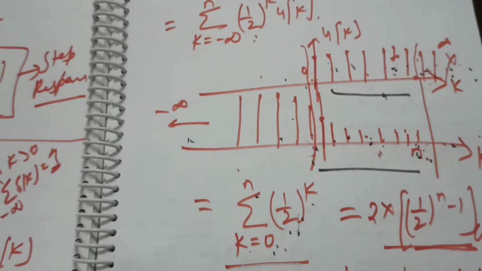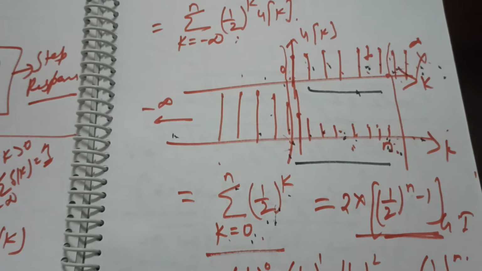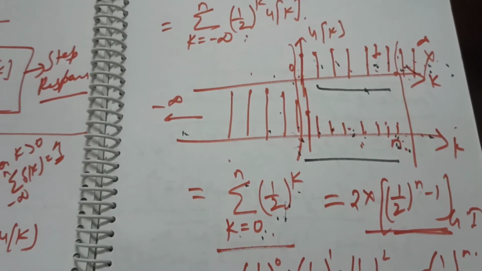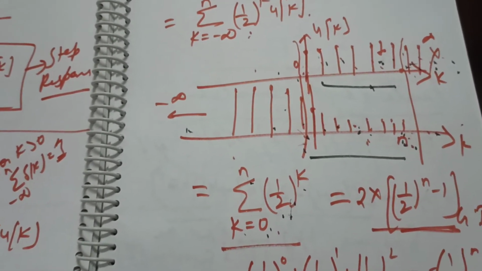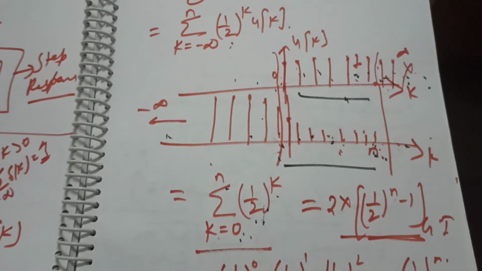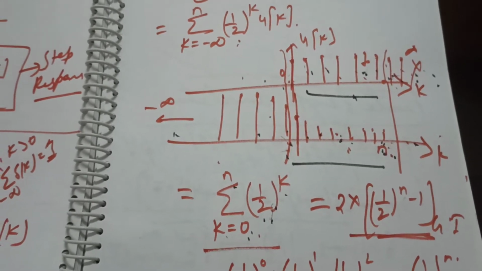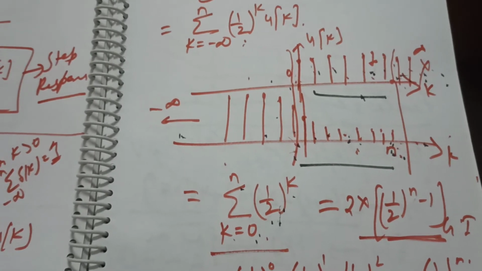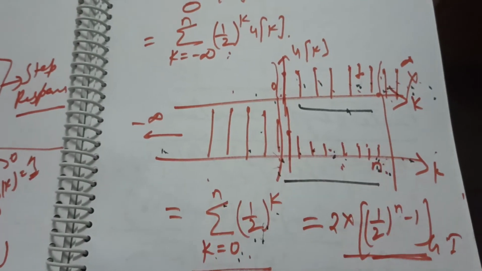The graphical description is again shown here. We will plot u[k] first, and second we will plot (1/2)^k. u[k] will start from 0 and go up to infinity, which is shown here. For (1/2)^k, as k is negative it becomes 2^k in the positive sense, so it will be a decreasing function.